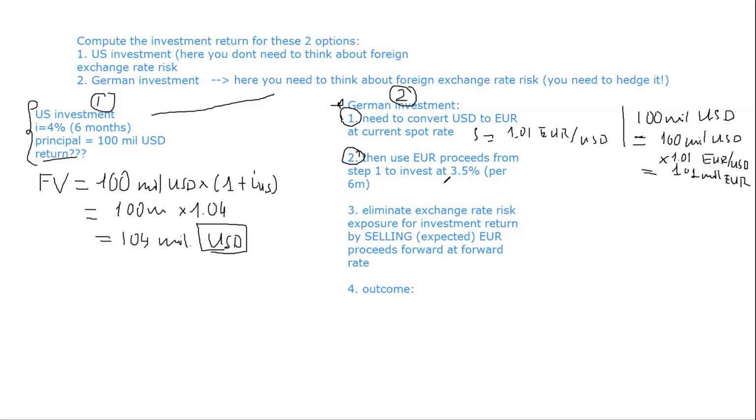At the current interest rate of 3.5% for 6 months, if I invest 101 million euro at 3.5%, how much do I expect to get after 6 months?